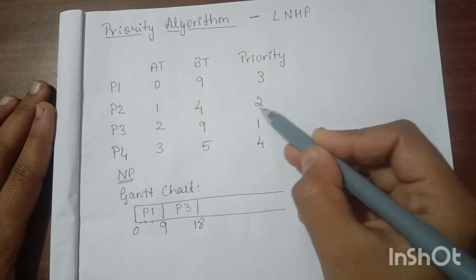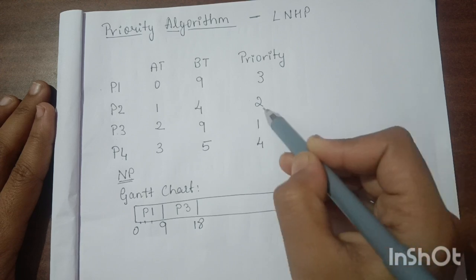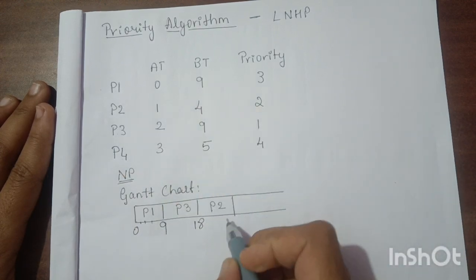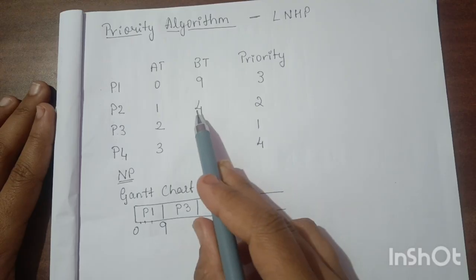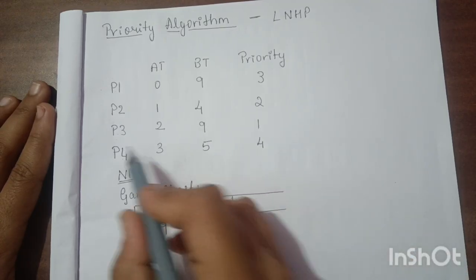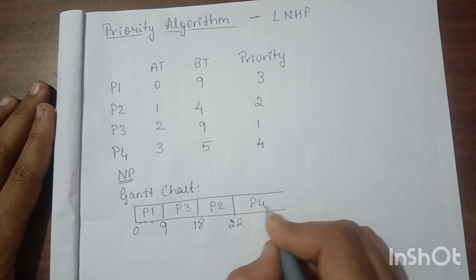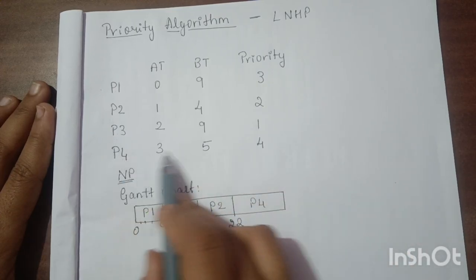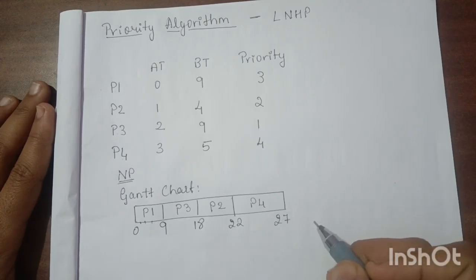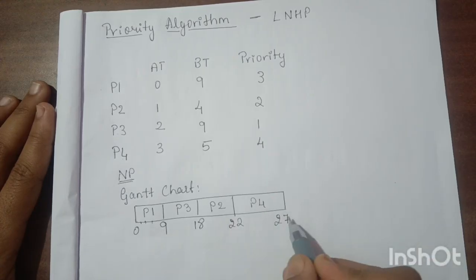Again we have 2, which is a lesser number than 4, so process P2 will be given the highest priority. P2 will execute for the next 4 seconds, that is till 22. The remaining process is P4 with burst time 5, that is till 27. I hope the Gantt chart for the non-preemptive method is as simple as FCFS.